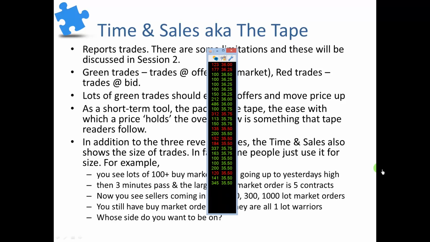And what you'll see after a while, in fact what we can see right now, is these large traders here, 486 at 36, all the way up to 36.50. And those large traders right now have not got anything for their money.